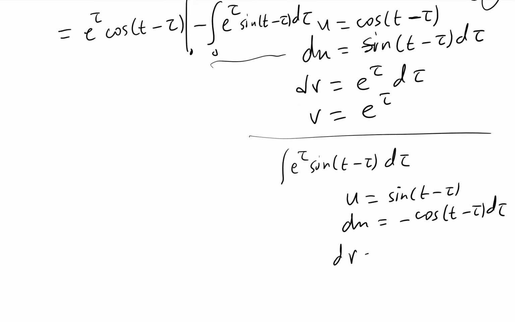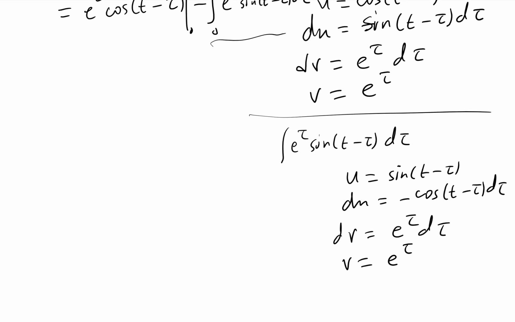And dv is e^tau d tau, so v is e^tau. So then uv, that would be e^tau sine of t minus tau, minus the integral of v du, e^tau, and du is negative, which becomes positive, cosine of t minus tau d tau.